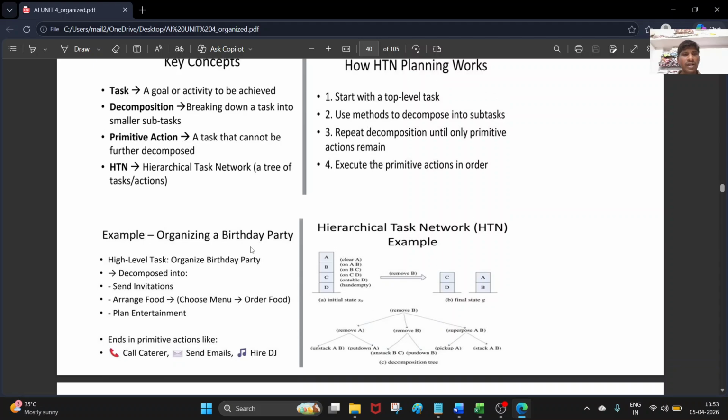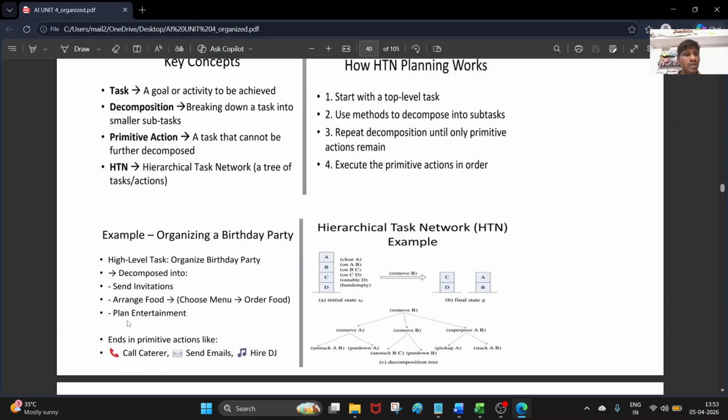Let us consider organizing a birthday party. The high-level task is to organize a birthday party. This high-level task can be decomposed into sending invitations, arranging the food, and planning the entertainment.